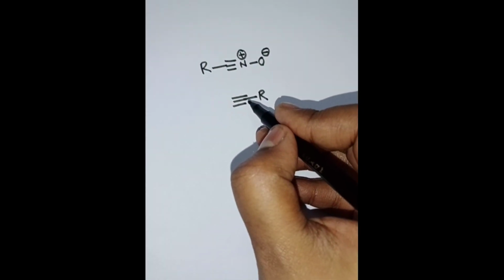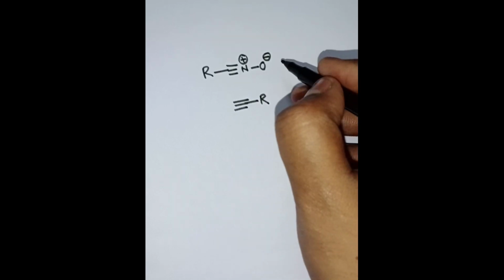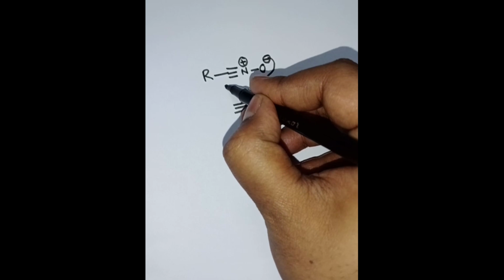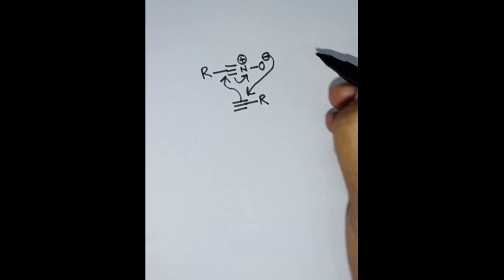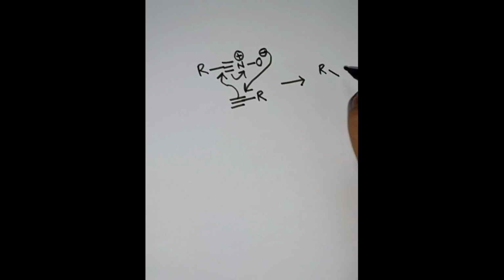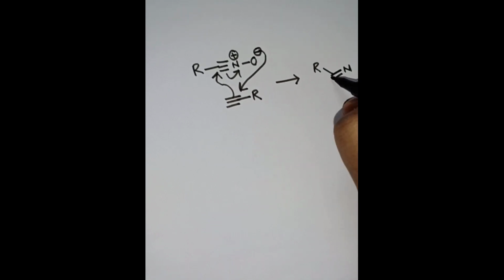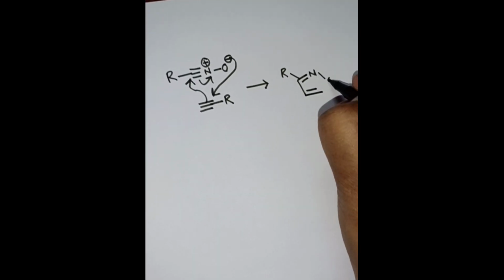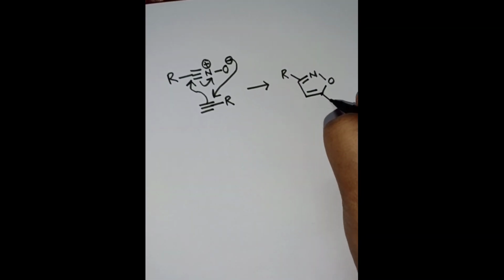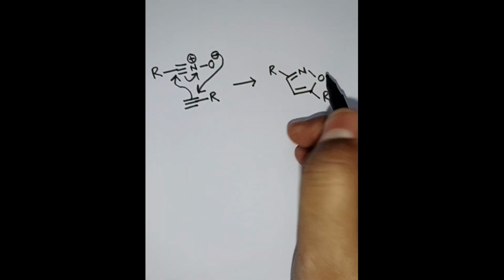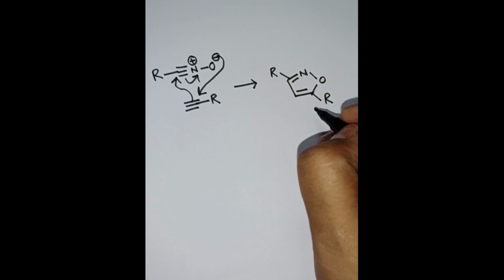So here I have this alkyne as my dipolarophile. So the same reaction will take place. It will attack here and this bond will attack here. So nitrogen will be neutralized. So we will get this product we will get.